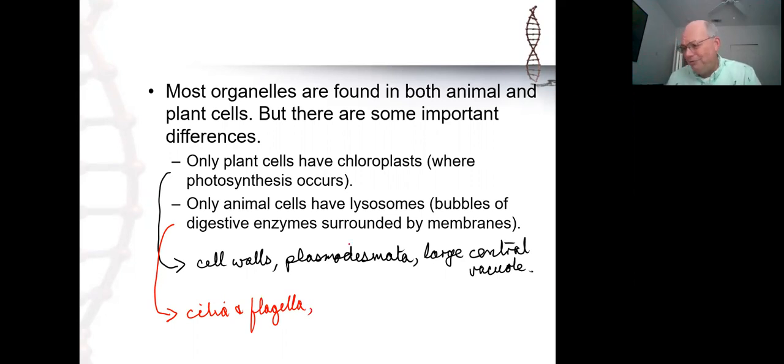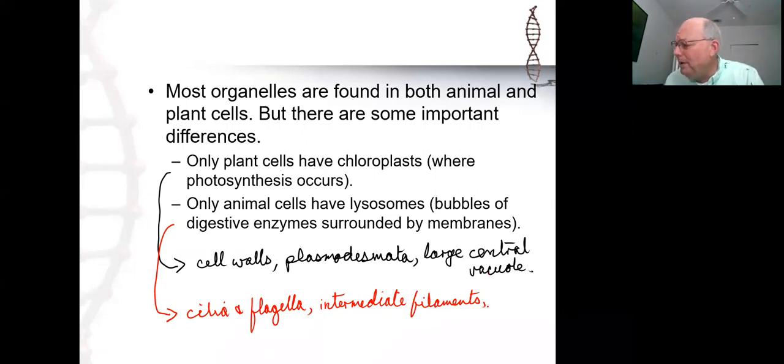The lysosomes are already mentioned. You can talk about something called intermediate filaments, which are components of a feature that we'll talk about a little bit later in this presentation called the cytoskeleton.